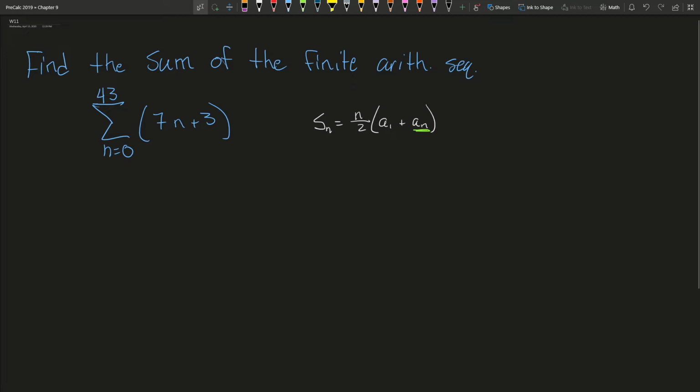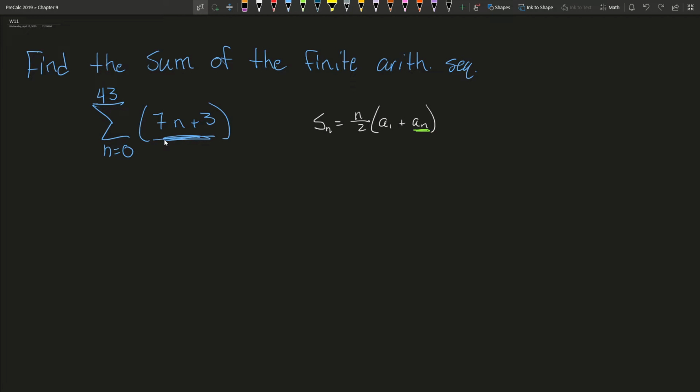This is at 65. If you were struggling, chances are this is about when you would start to. Okay, n is equal to 0 in this case. 43 is the upper limit, and we have this equation for our nth term.